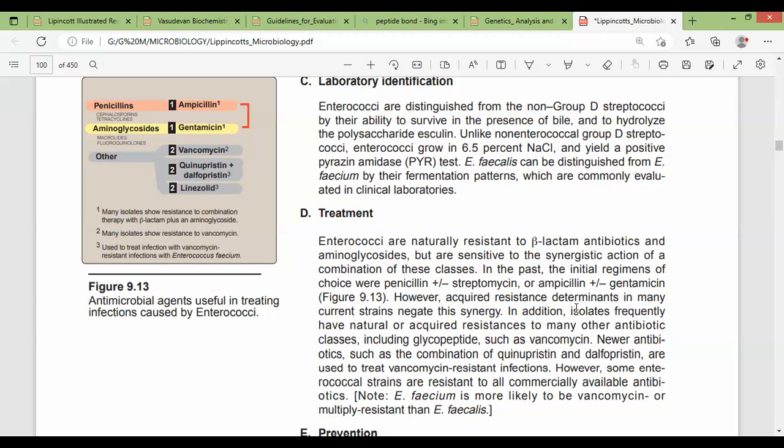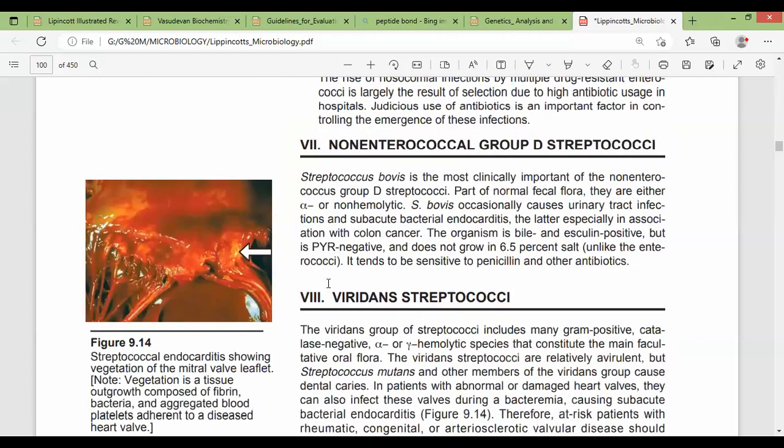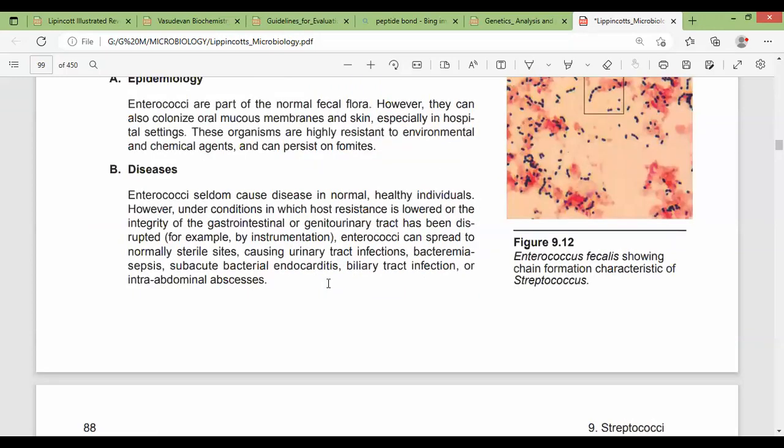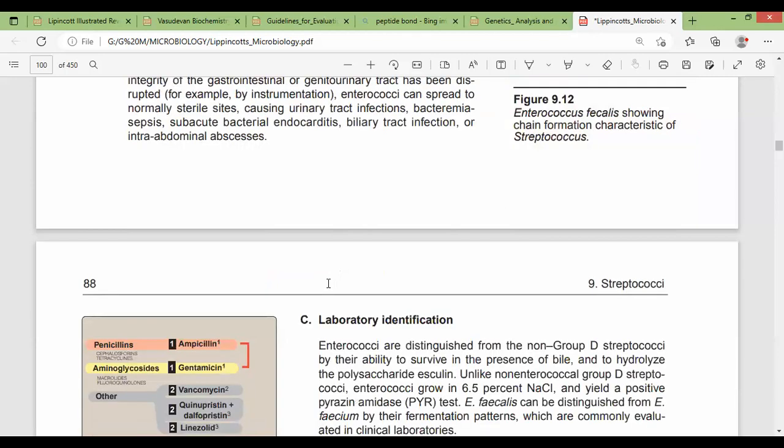But again, we'll see that mostly it sometimes just leads to a UTI and also endocarditis. Yeah, but not so virulent.